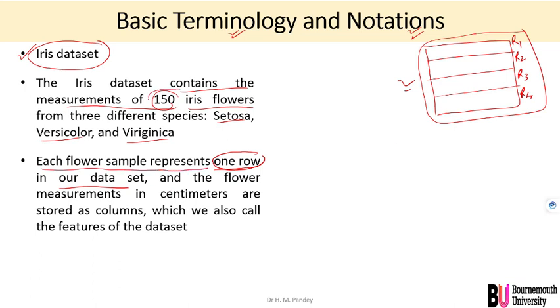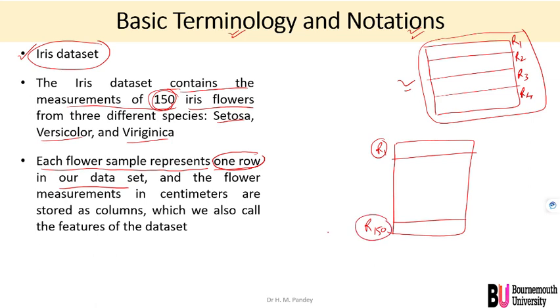In this table, how many rows are there? We have R1 to R150. So 150 rows means that one row is one flower, the 150th row is the 150th flower. Some measurements are given in centimeters. So this table consists of some measurements, some numeric data, and the measurements in centimeters are stored in columns.